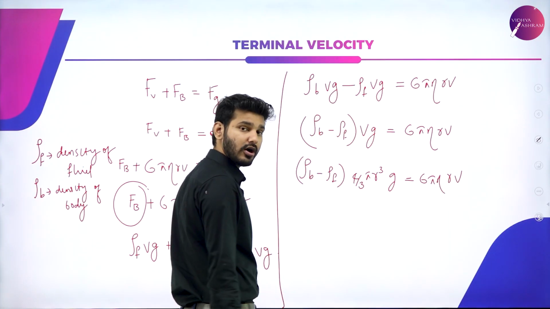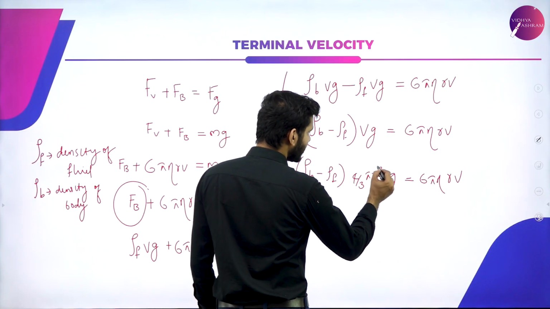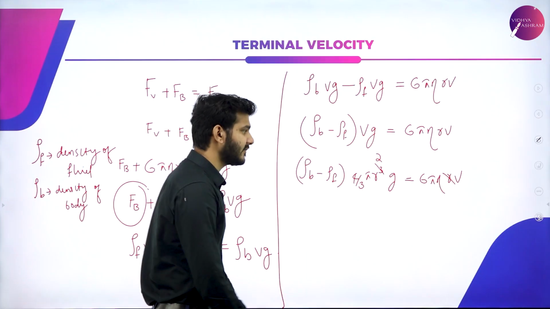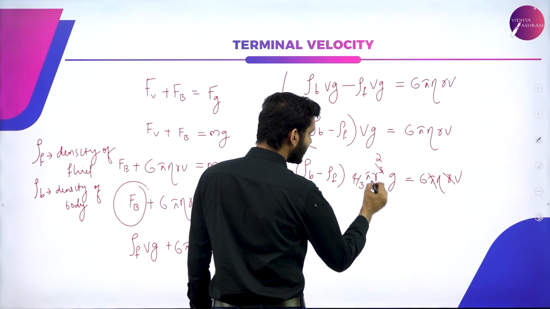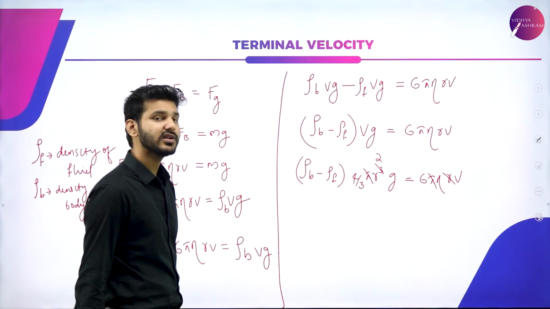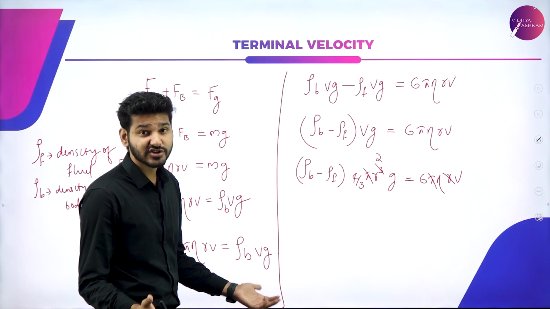Now cancel all the terms you can. There is an R and R here, which means this will become R square. There is a pi and pi here, which will also go away. Now we can make a few rearrangements and we have our equation.